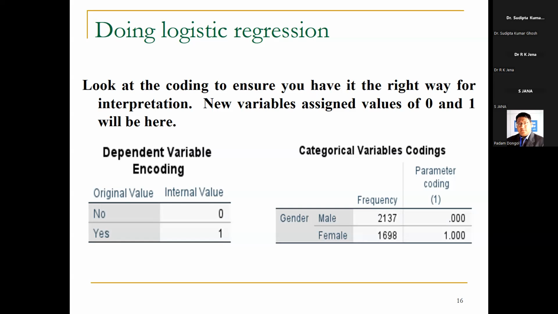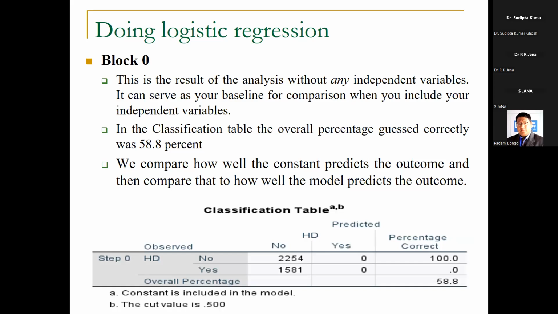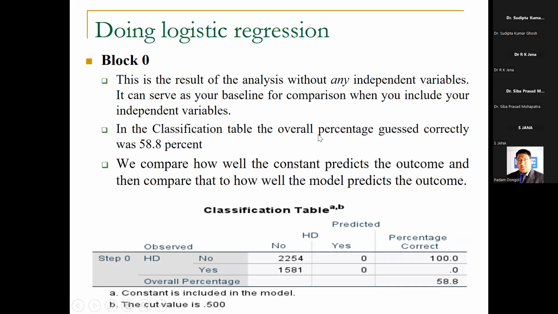The next is block 0. In the result, you see there are two blocks, block 0 and block 1. Block 0 is used to find the result if you don't include any independent variables to predict the dependent variable, only the constant term. It serves as the baseline for comparing your model after including the independent variables.